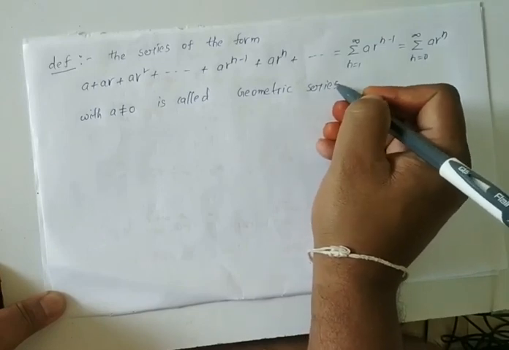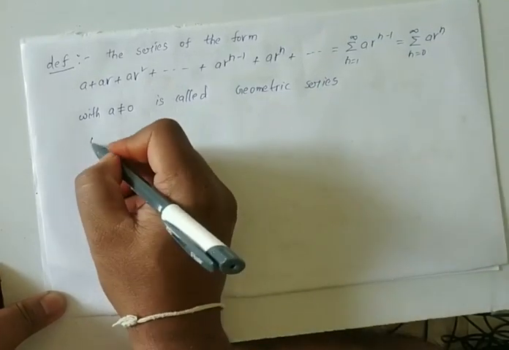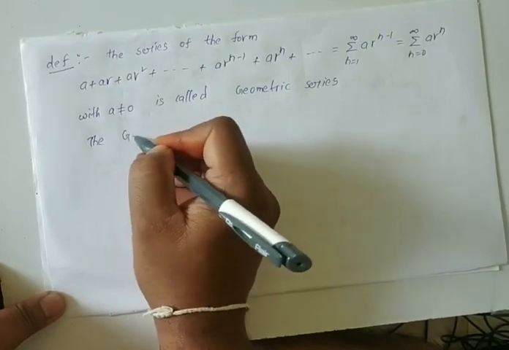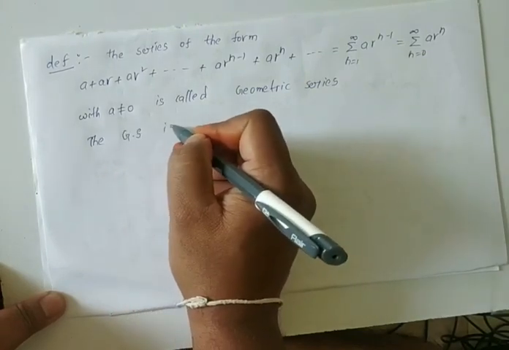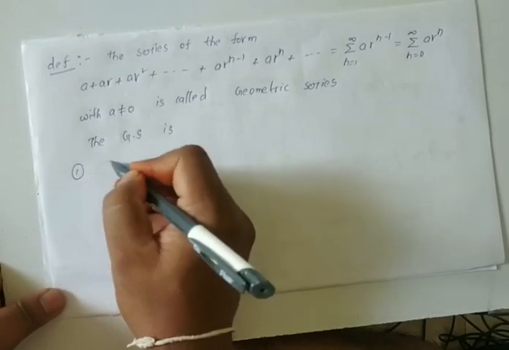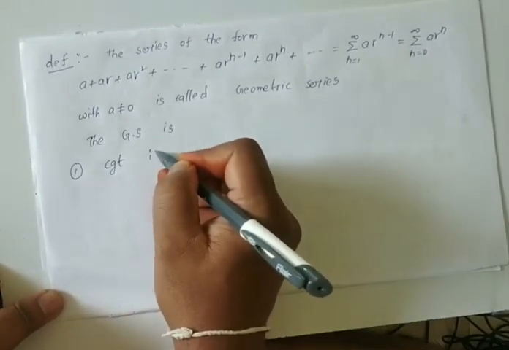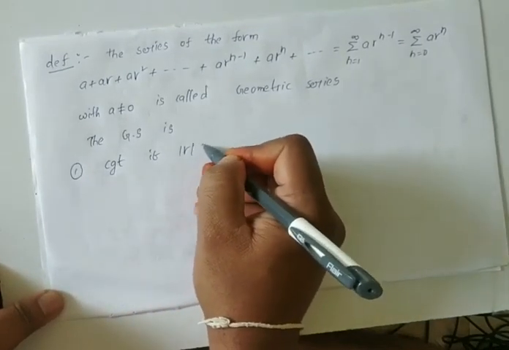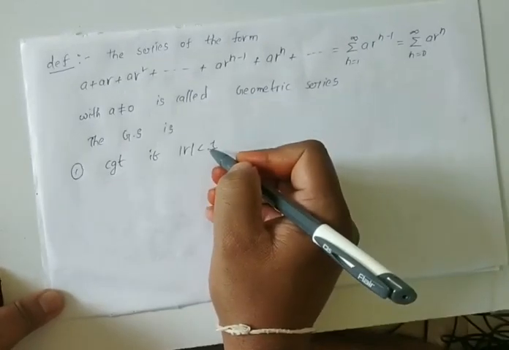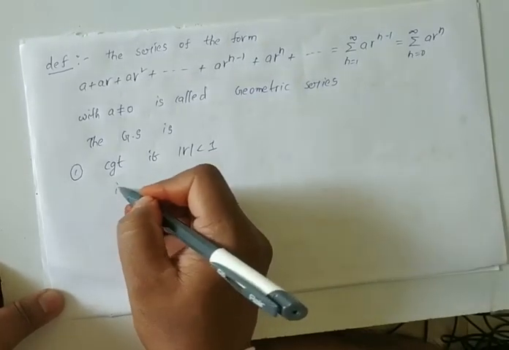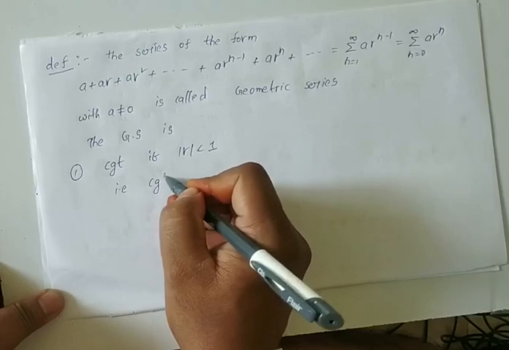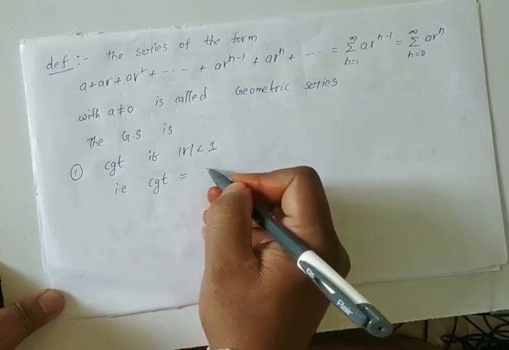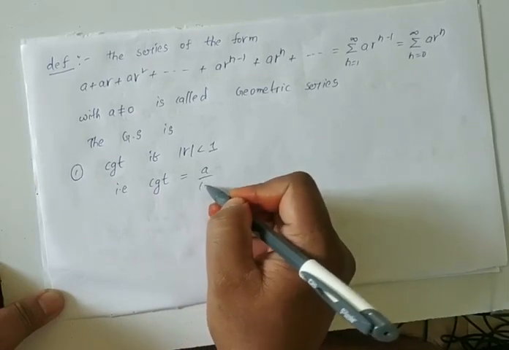Okay, geometric series. Here the geometric series, GS means geometric series, is first one convergent if mod r is less than 1. That means in this case the given geometric series converges to a by 1 minus r.